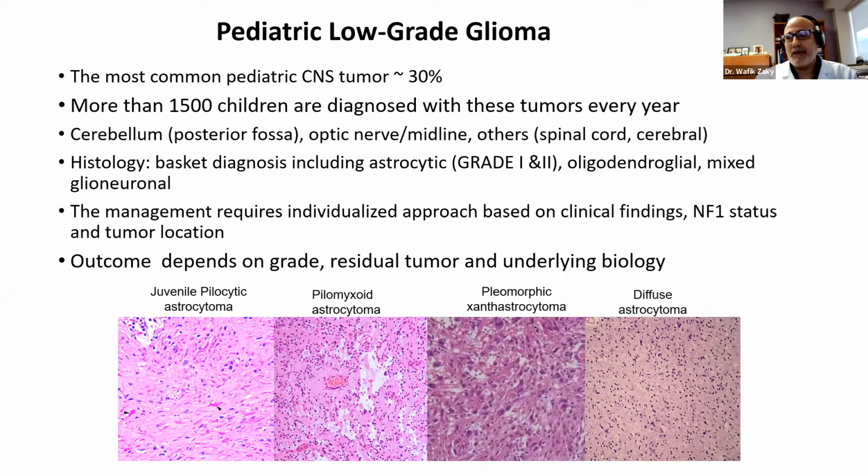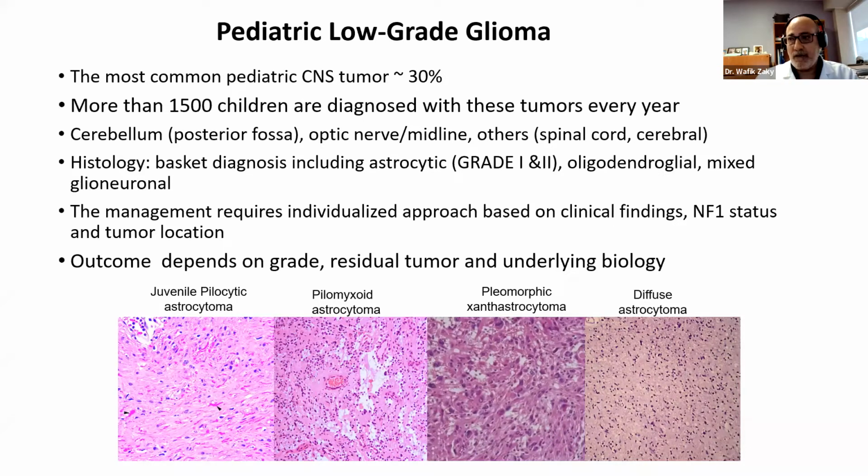Histologically, Leo spoke in detail about this. It's a basket diagnosis, including astrocytic, glioneuronal, and oligo tumors. The main management is individualized based on the clinical findings, the neurofibromatosis status, and the tumor location.